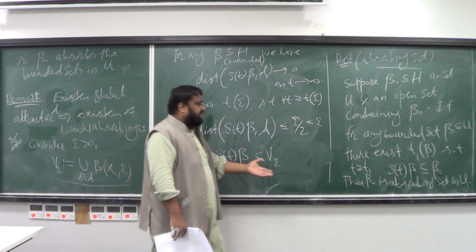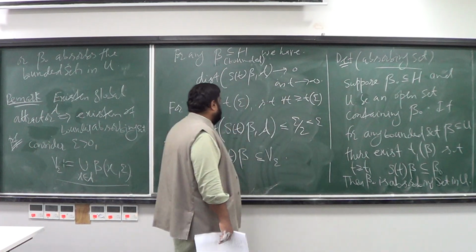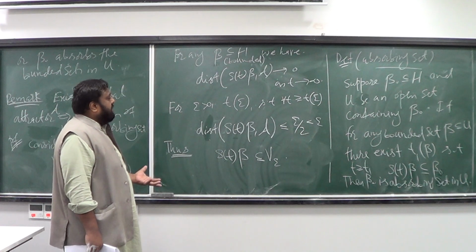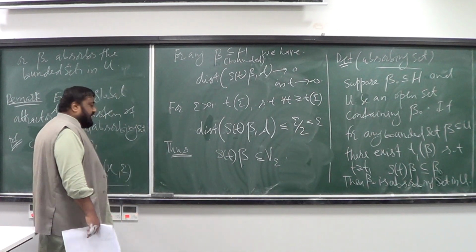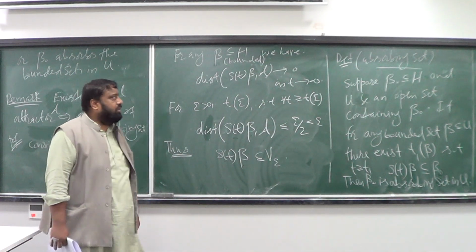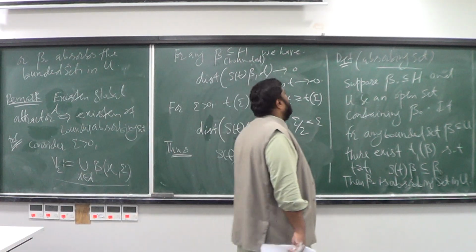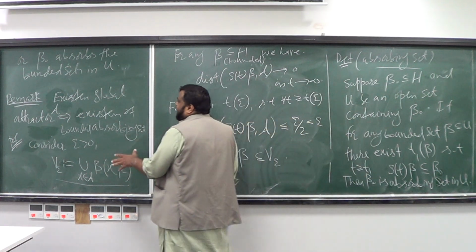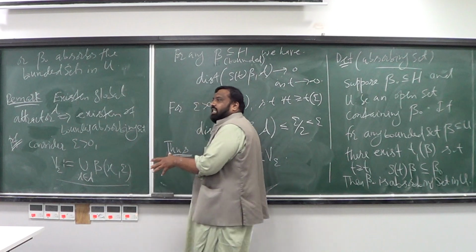Hence all bounded sets are absorbed by the set V epsilon. So if you have a global attractor, the epsilon neighborhood is really the absorbing set.